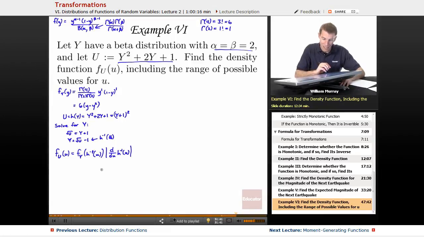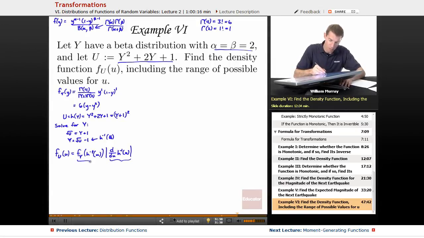So we're going to need to know h inverse of u, and I've already found it, square root of u minus 1. And we're also going to need to know the derivative of h inverse of u.